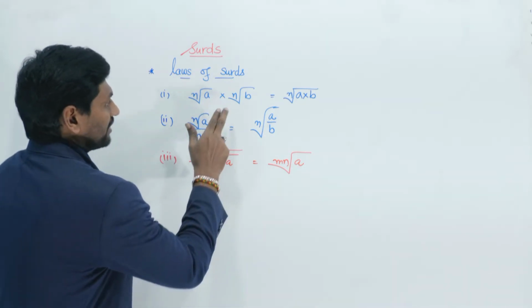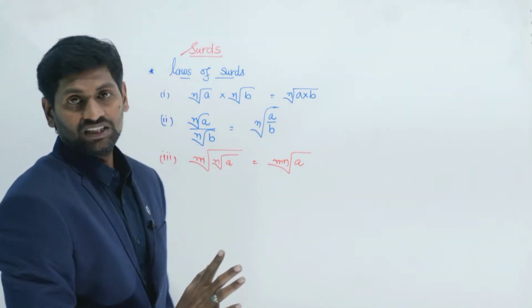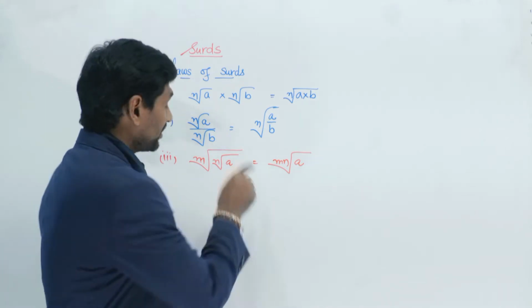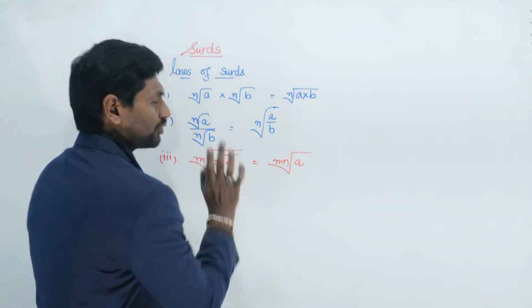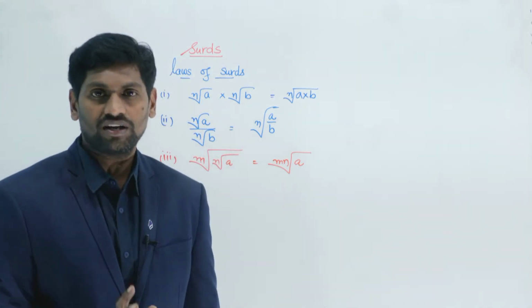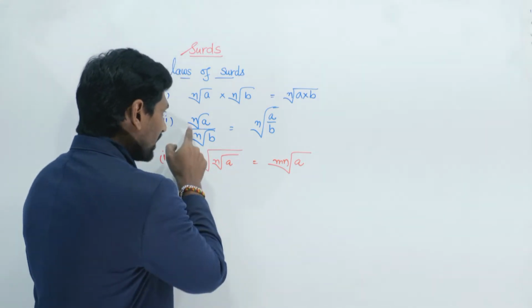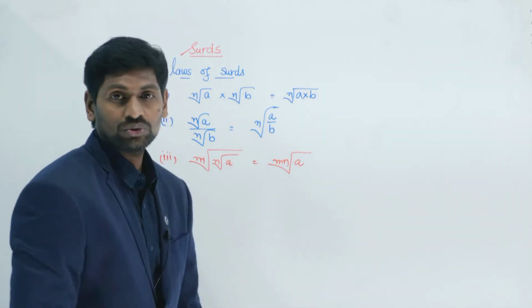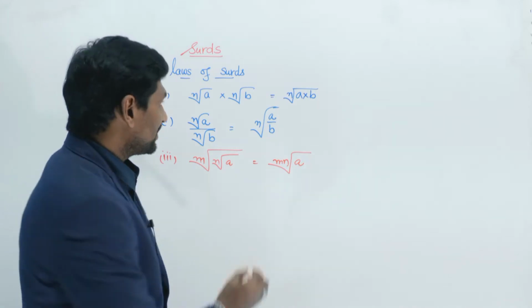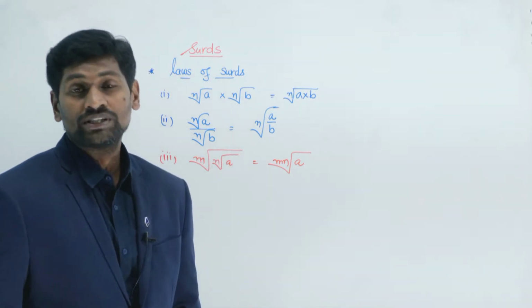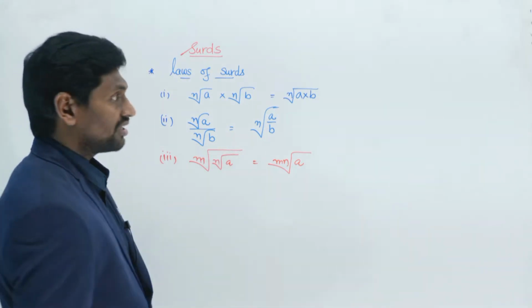So if they are given separately, we can multiply the radicands directly when the order is the same. Nth root A, nth root B, both have the same order. Now here also both have the same order, so we can write nth root A by B. This only happens between the into symbol and the division symbol.